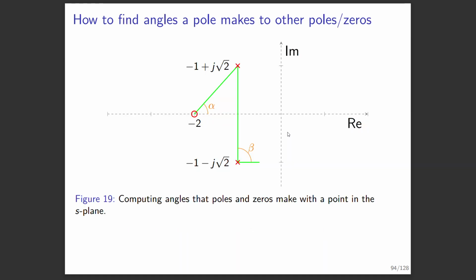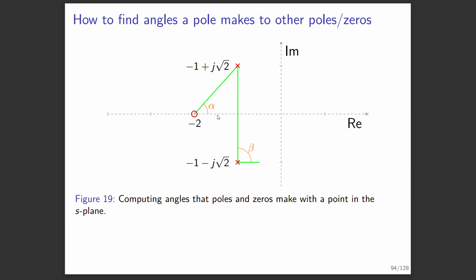So let's see this example. I want to find alpha and I want to find beta. How do I find alpha? Well, if alpha is the angle I want to find, the tangent of this angle would be this, which is square root of 2, divided by this edge.